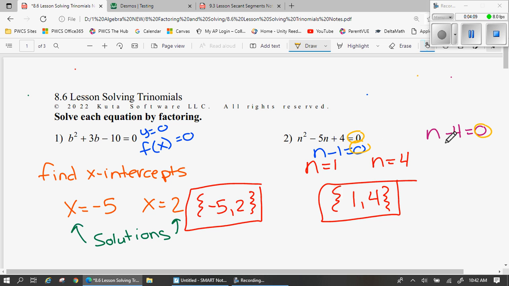That's us asking what is the value of n, or x, when y equals 0. Well, in this whole trinomial, the values are 1 and 4. For each of these factors, the values are 1, and the value for this one is 4. They're very closely related. In fact, you can't have one without the other. But the goal here is just to find these two values.